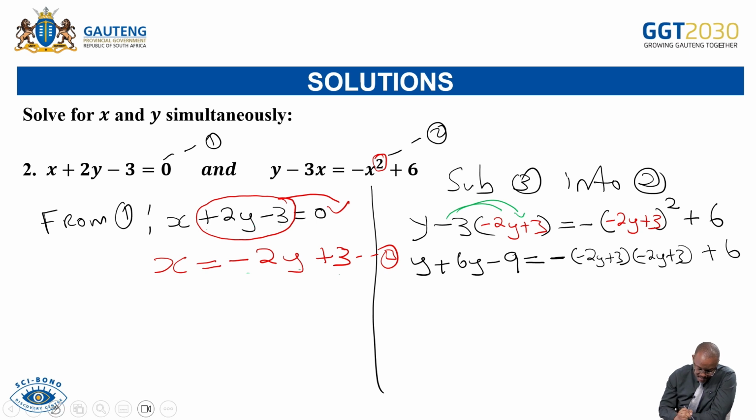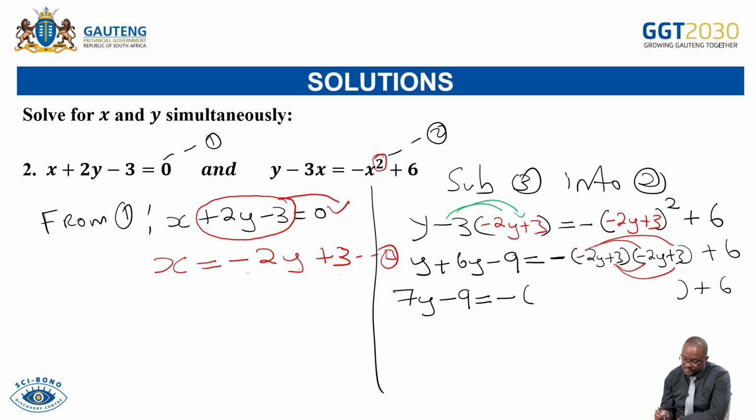Remember, you need to get rid of those 2 brackets. We add the like terms here: 7y minus 9, which is equal to negative, then we open the bracket, plus 6. Remember, this negative is outside the bracket.